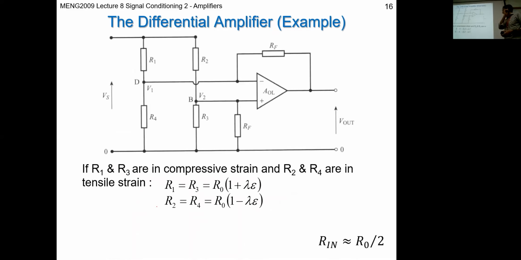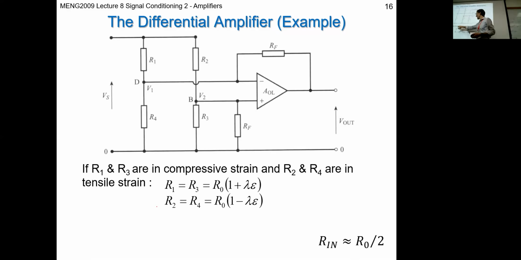R1 and R3 are under compressive strain. That means we are seeing a reduction in resistance. I think these actually should be the other way around, but it won't make a difference to the solution.